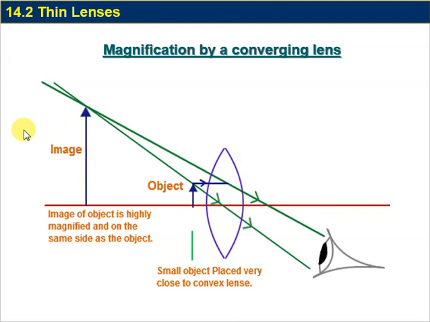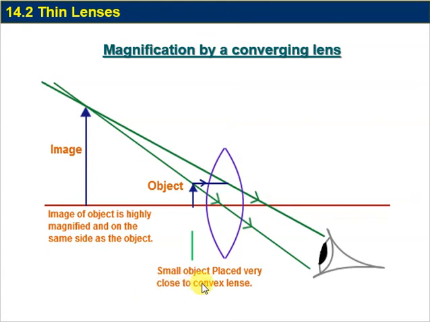Okay, so for sure, maybe all of you have the magnifying glass. You can try it. You can just hold the magnifying glass over a piece of paper with some words, okay, and you can see the words how they look bigger when you look through it, and they look like farther from the lens than the object.